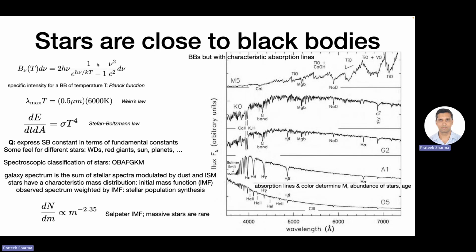If you integrate this equation over frequency, you know how much it is radiating totally across all wavelengths, which is nothing but this. So it's a homework problem: go from here to here and express this sigma in terms of more fundamental parameters like Planck's constant, Boltzmann constant, and speed of light.